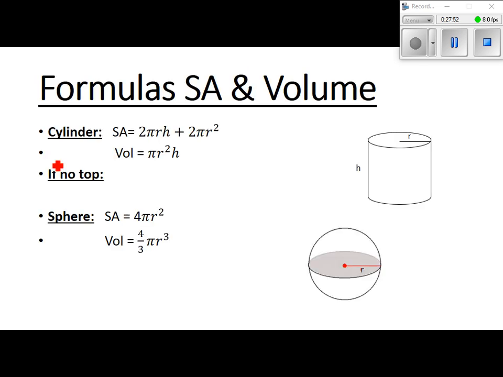Copy down these formulas. These are the formulas for surface area and volume of a cylinder and a sphere.